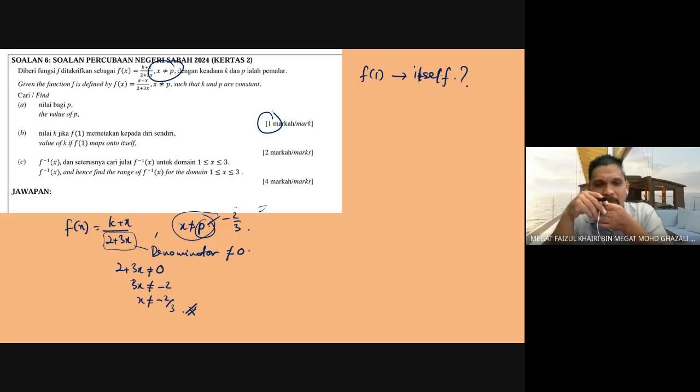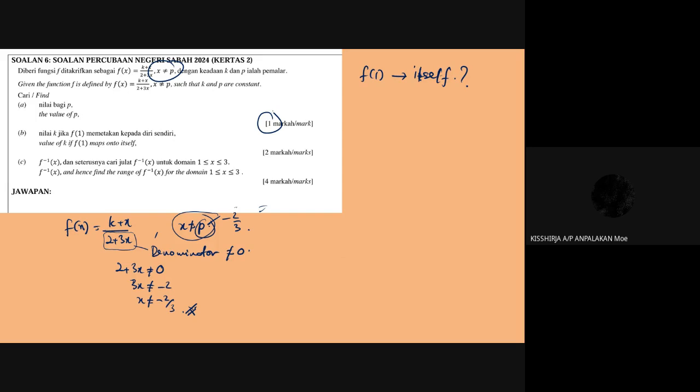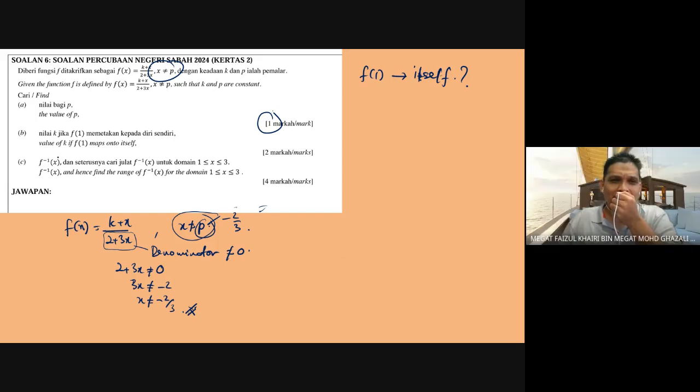Okay, you're almost there. Find the value of k if f(1) maps to itself, which means that f(1) maps to y equal to 1.